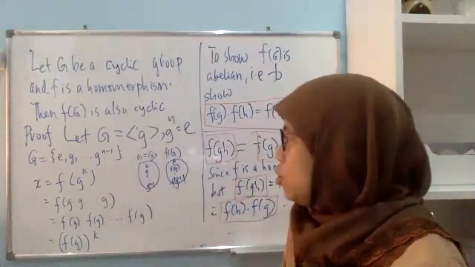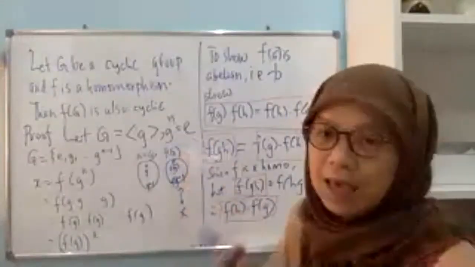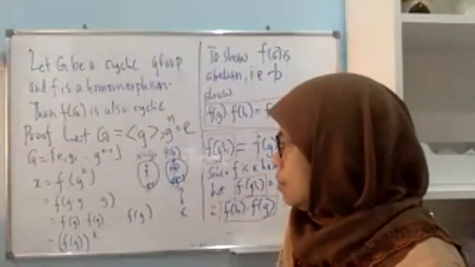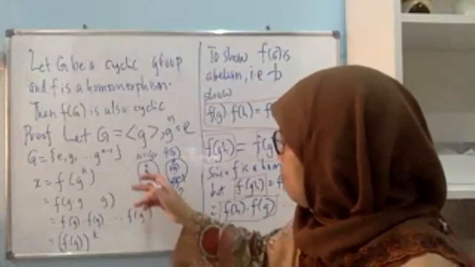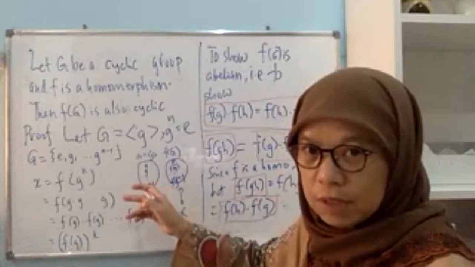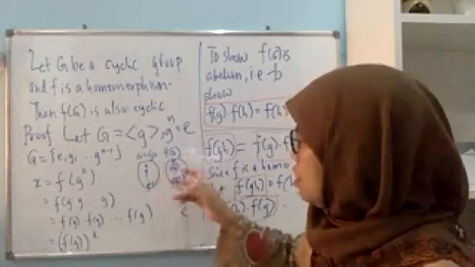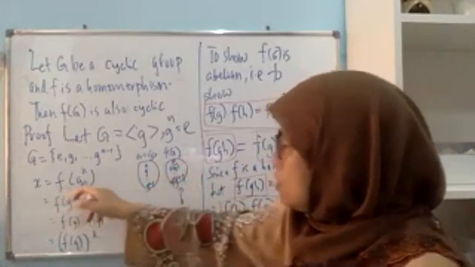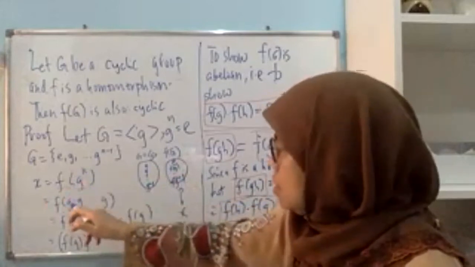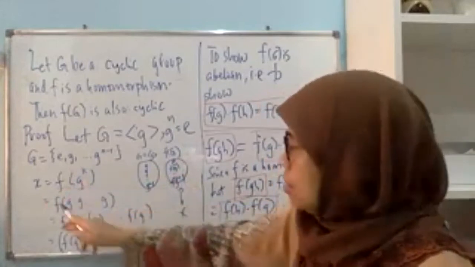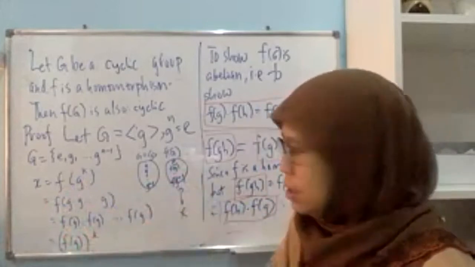Okay, what am I showing? I'm showing, suppose I have x in the image. It has to be some kind of power of g, the image of some element, a power of g. So take anything x in here, it is the image of some power of g because it's cyclic. And g to the k is g times g times g. And since it's homomorphic, it's f of g times f of g until at the end, which is f of g to the k.